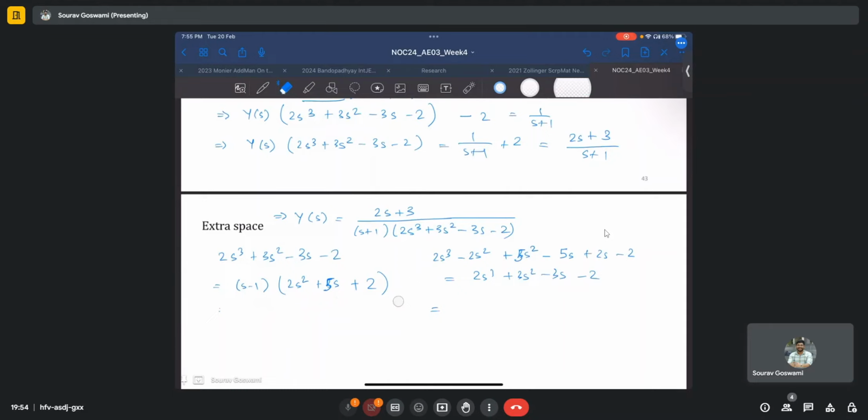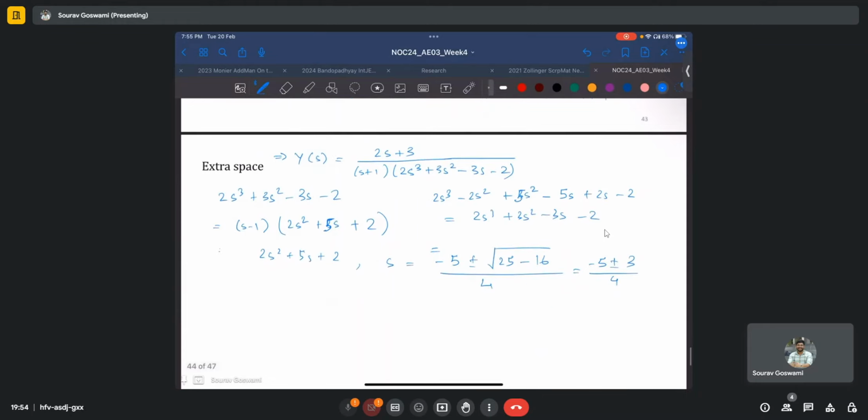So for 2s square plus 5s plus 2, the roots are s equals minus 5 plus minus under root b square minus 4ac, 4 into 2 into 2, by twice a. So this is minus 5 plus minus under root 25 minus 16, which is 9, plus minus 3 by 4.